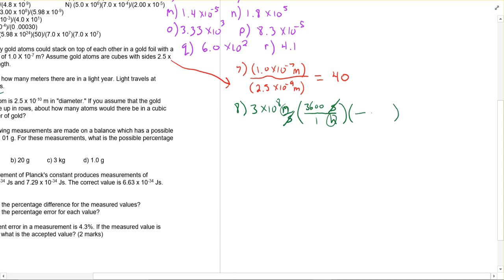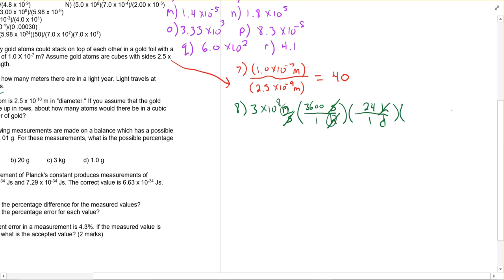So the next thing I'm going to do is multiply by, I'm going to put hours up top. I'm going to say there's 24 hours in 1 day. Now if I multiply by 24, hours cancel with hours, and what I'm left with for units are meters per day. So I'm getting closer, right? I'm figuring out how many meters this thing goes every day. This thing, I mean light.